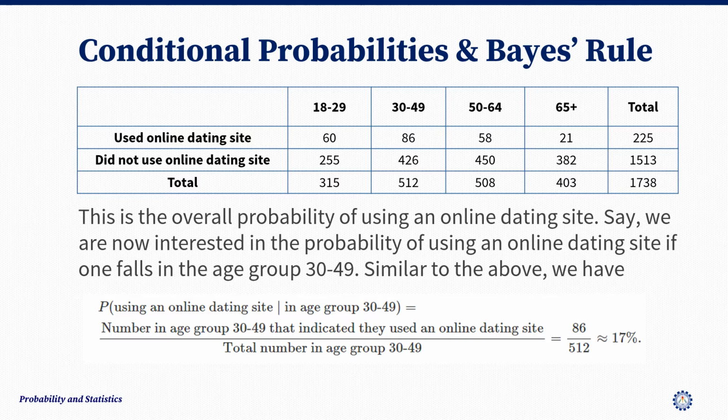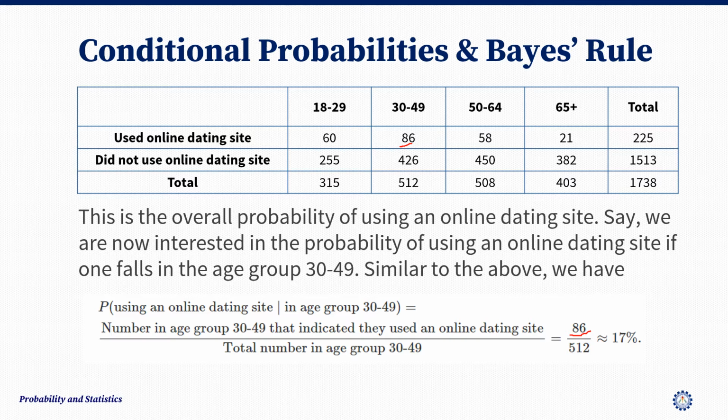As you can see on the second row, we have the adult Americans who used an online dating site. So we need to get only the age group who uses an online dating site. For 30 to 49, this is a total of 86, so we'll put 86 here.